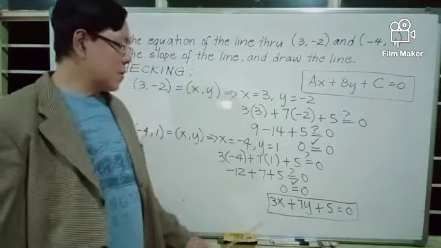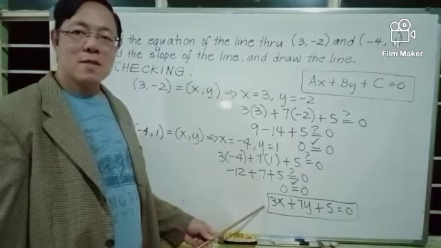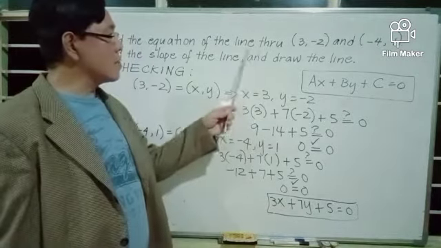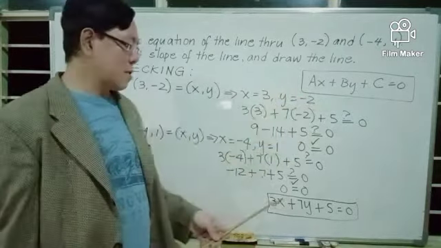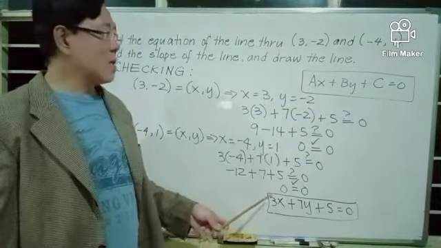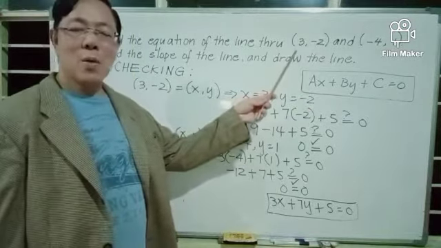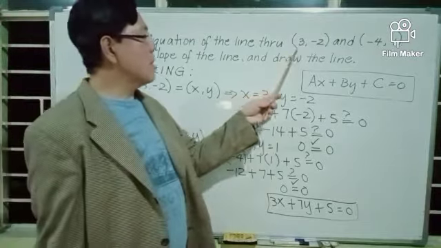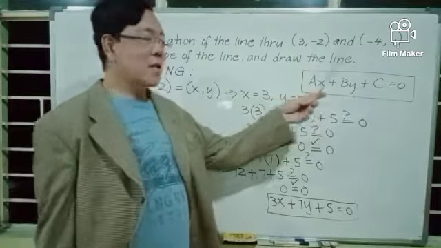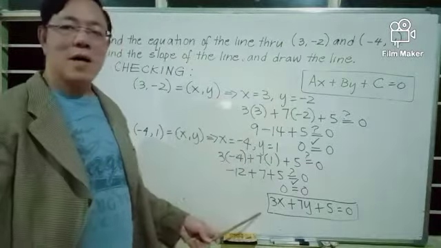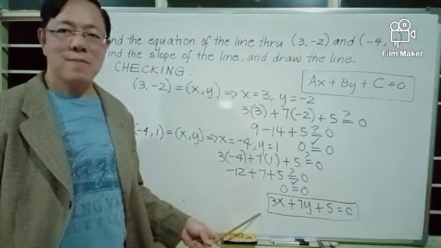Therefore, we conclude that this equation of the line through these 2 points is correct, because we have shown that the coordinates of these points that are on the line satisfy the equation of the line.